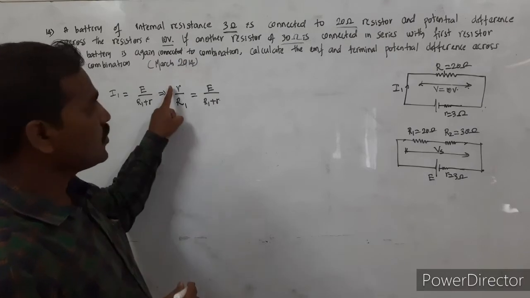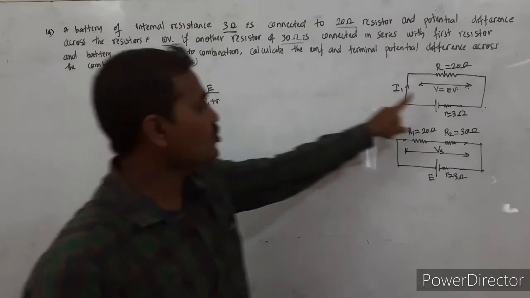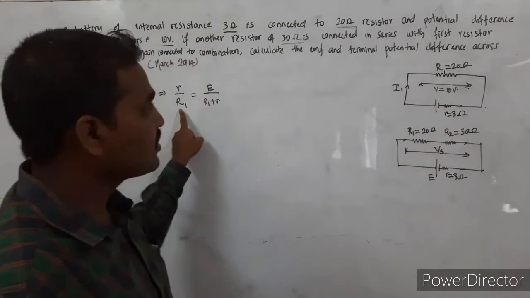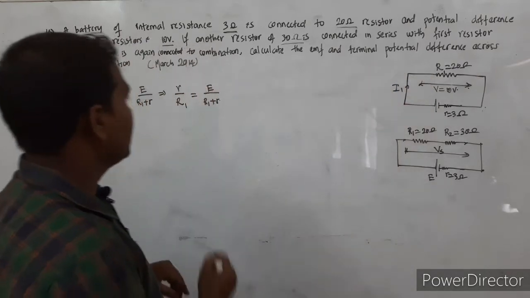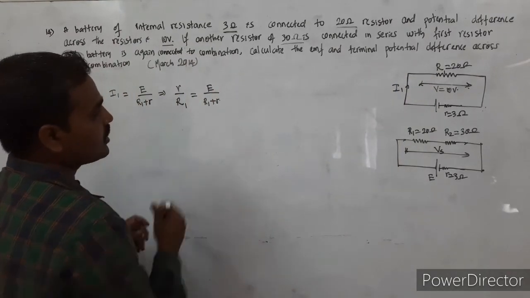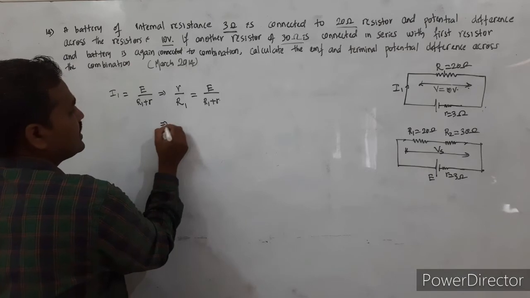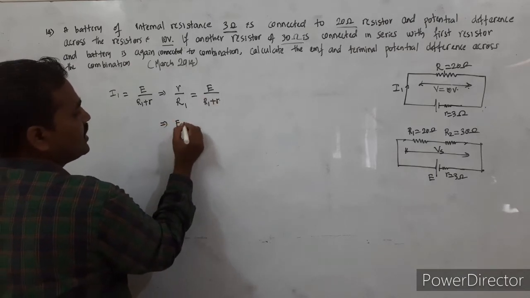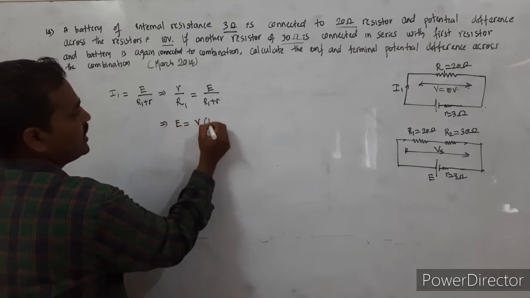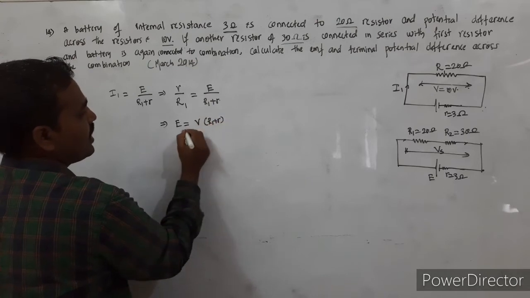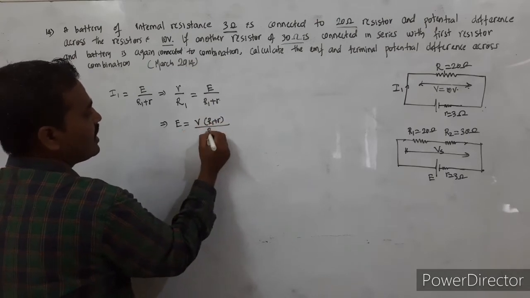Yes, in this we know the value of V. V is given to be how much? 10 volt, and capital R1 is 20 ohm here. Capital R1 I know, small r also we know. By this I can easily calculate the value of EMF. EMF is equal to capital V into R1 plus r, whole divided by R1.